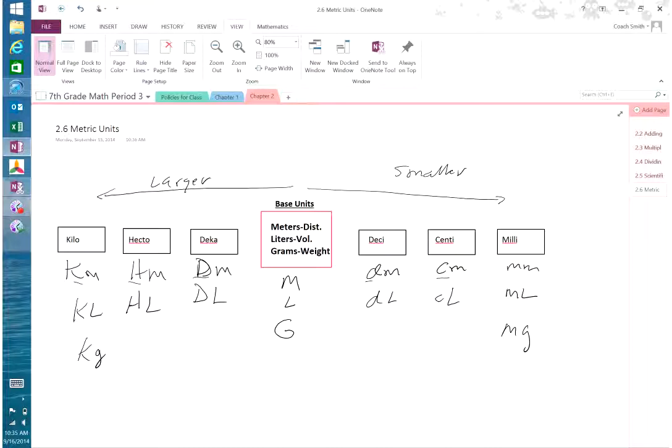The other one is sort of amazing, and here's why. Look at one kiloliter. One kiloliter is eight large trash cans. To go from liters to kiloliters is 1,000, so it would take 1,000 of those one liter bottles to get a kiloliter.